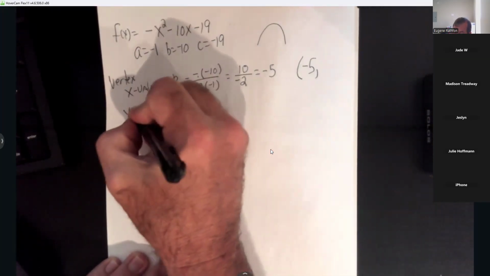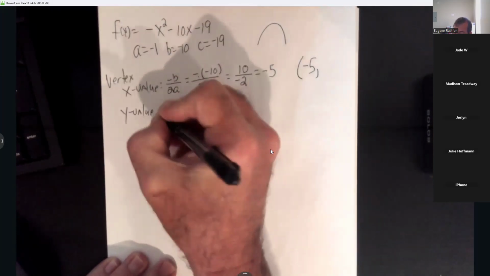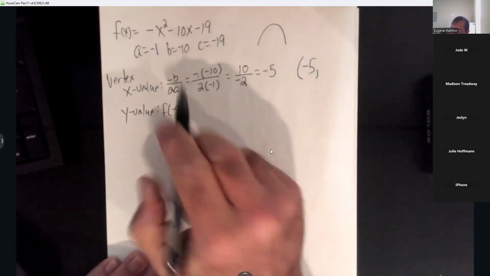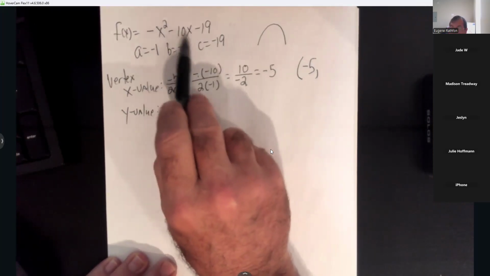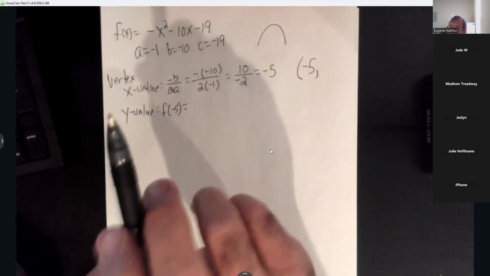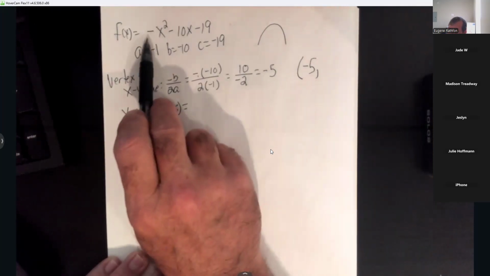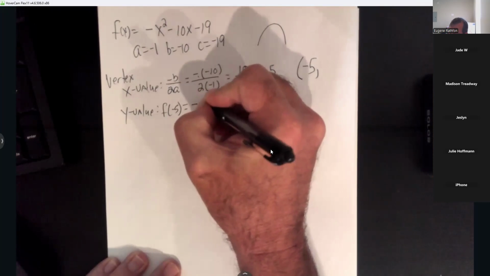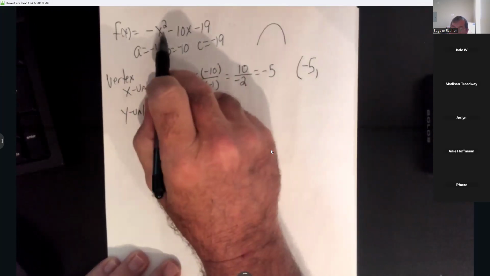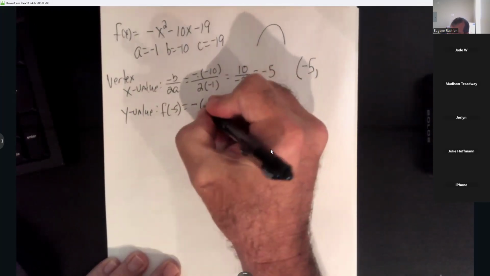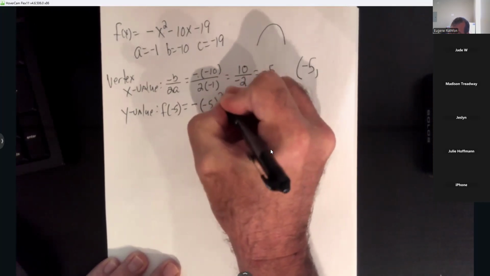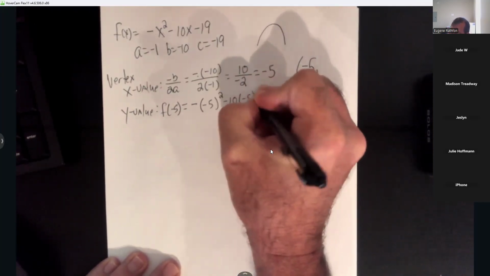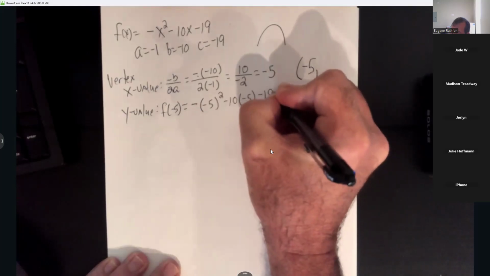So for the y value, we're going to find f of -5. So we're going to put -5 in for these x's. Now here's where a lot of people mess up. This negative, you got to bring this negative down. Then in parentheses, put your x, which is -5 squared minus 10 times -5 minus 19.